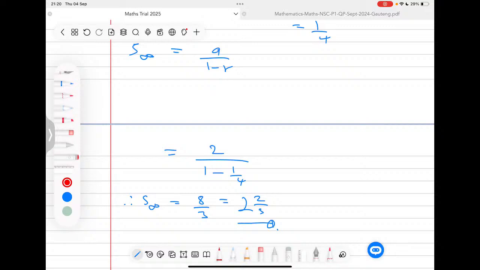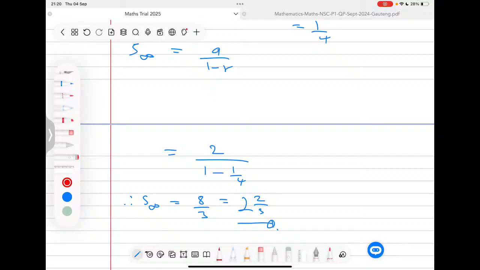They're approaching 8 over 3. So this does not mean these terms add up to 8 over 3. It means that they are going closer and closer to 8 over 3. It's like a limit, if you know calculus. The more we add terms in this sequence, the more we approach 8 over 3. That's what it really means.